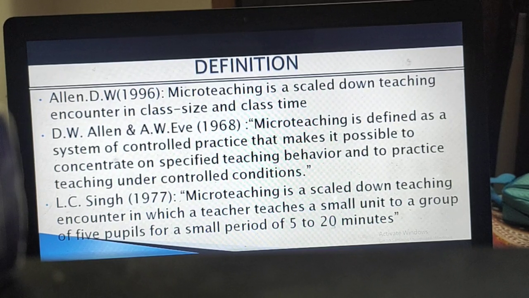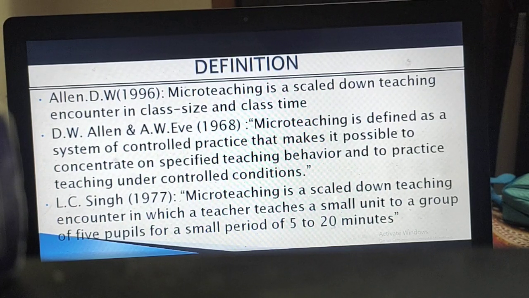Micro teaching is scaled down teaching. Scaled down means, when a teacher enters the real classroom, they teach a unit or a subunit in a particular time.